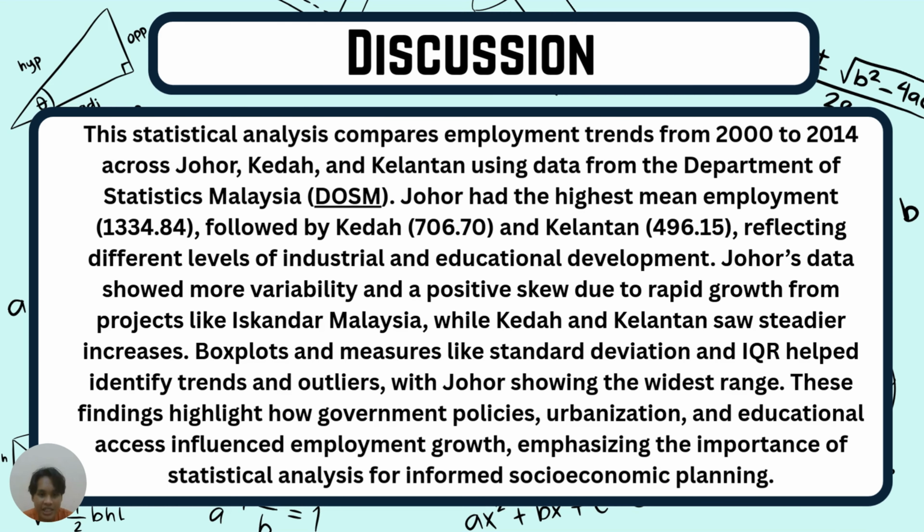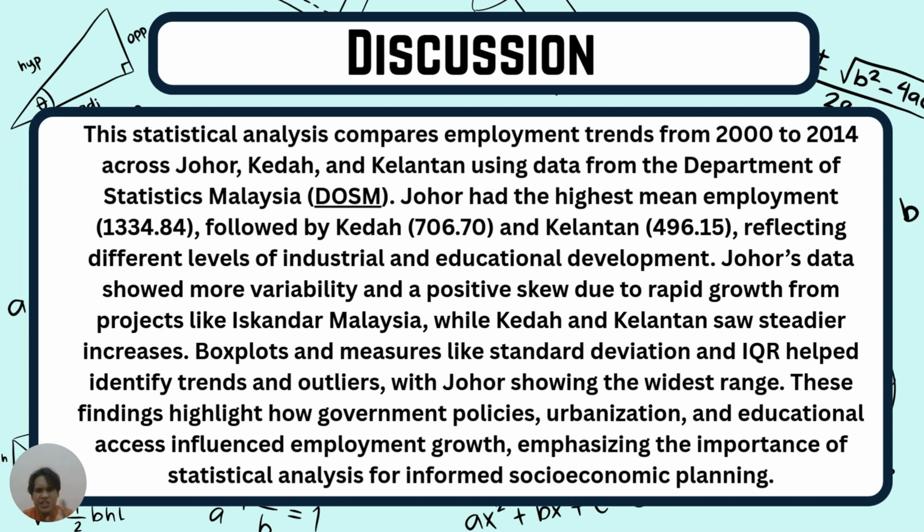So in our discussion, we conclude our analysis of the three graphs that we presented. The statistical analysis reveals differing employment patterns across these three states between 2000 and 2014.